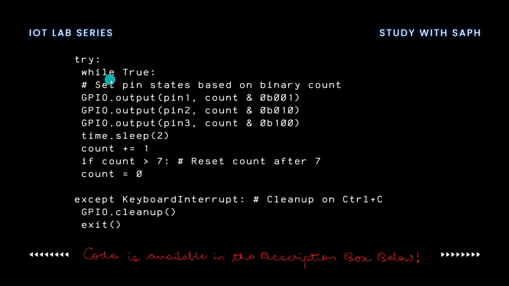Now we're using a try except block. Within the try block, we have a forever loop implemented using a while True statement. First and foremost, we have the logic as follows.